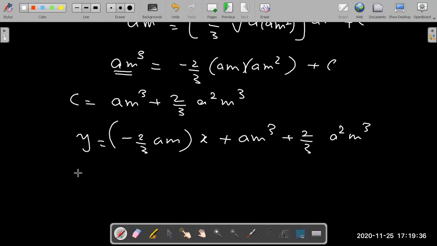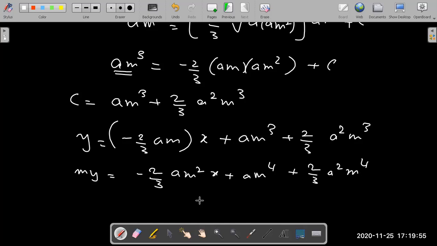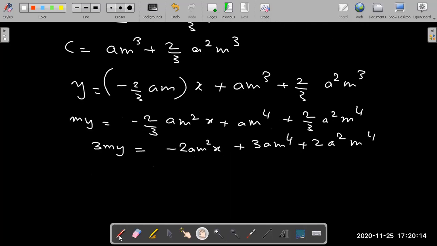So if I multiply it by m, then I get my is equal to minus 2 by 3 am squared x plus am to the power of 4 plus 2 by 3 a squared m to the power of 4. So now I write it as 3my equal to minus 2am squared x plus 3am to the power of 4 plus 2a squared m to the power of 4. Then I rearrange this.